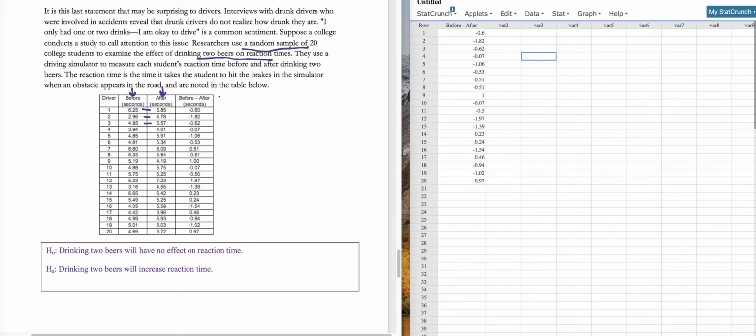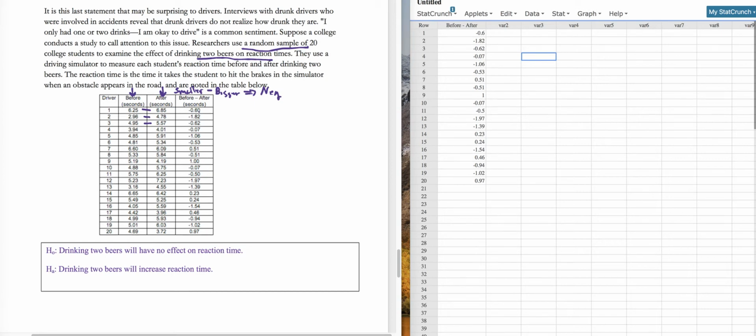The way we've done this to keep these matched pairs together is to create a new data set, which is the difference in those reaction times. We're subtracting in this order: the before time minus the after time. Notice that if the before time is smaller and the after reaction time has increased and is bigger, then we end up with a negative number in our data set.